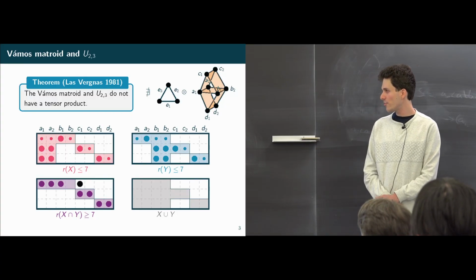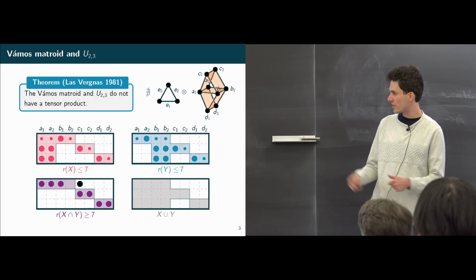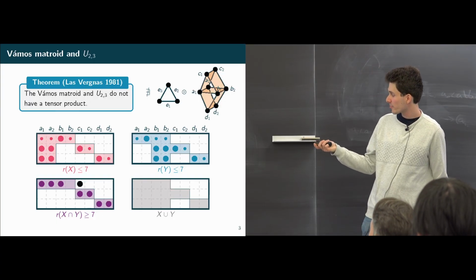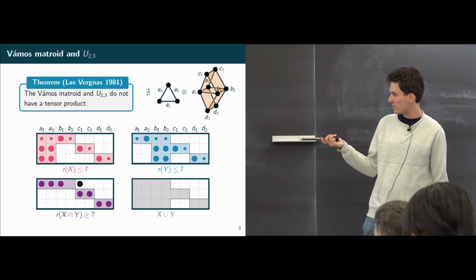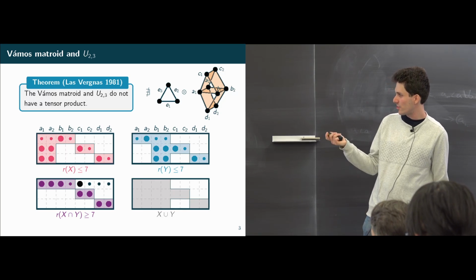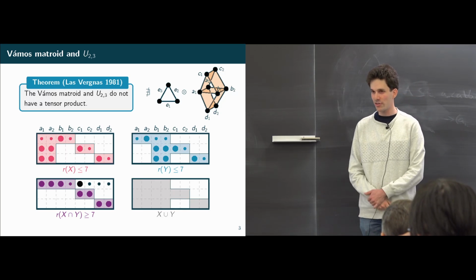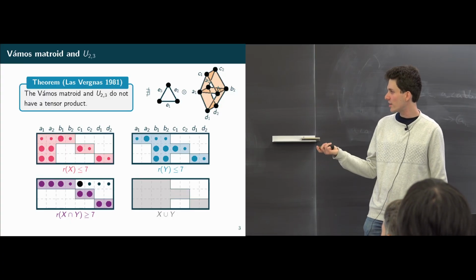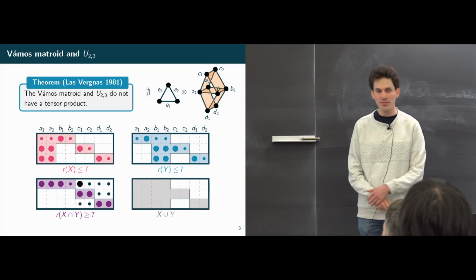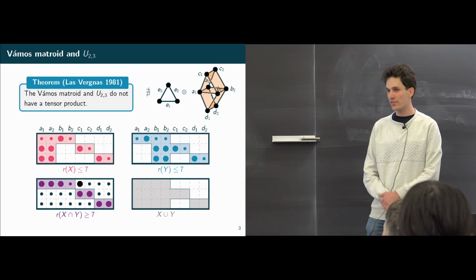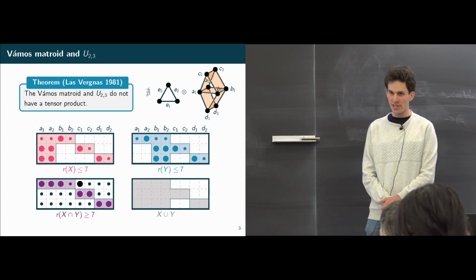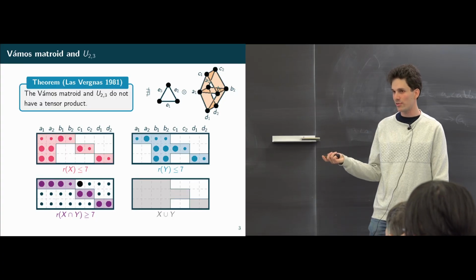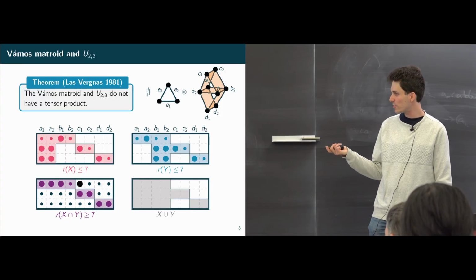Because if we add 1 more point to our set, then it will generate the whole ground set by the same argument. So if we add this black point, then first we generate its row, because we have 4 points which are a basis of the Vámos matrix, and then we generate the last 4 columns, and then generate the rest. So if we add 1 point to X intersection Y, then we generate everything, and the total rank is 8, so the rank of the intersection is at least 7.